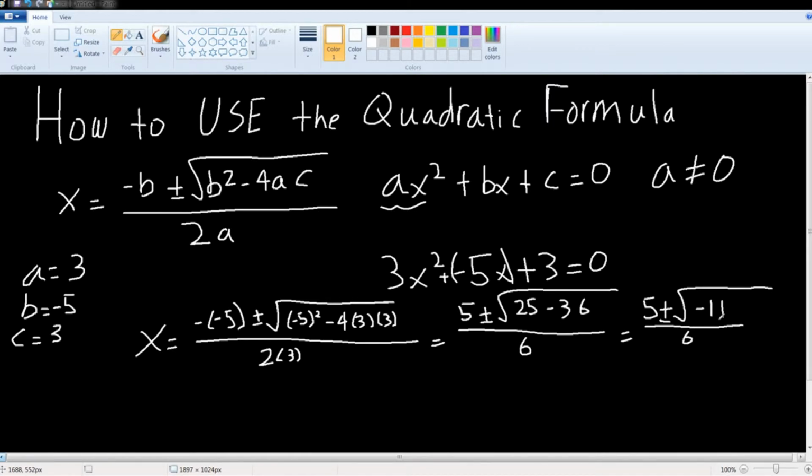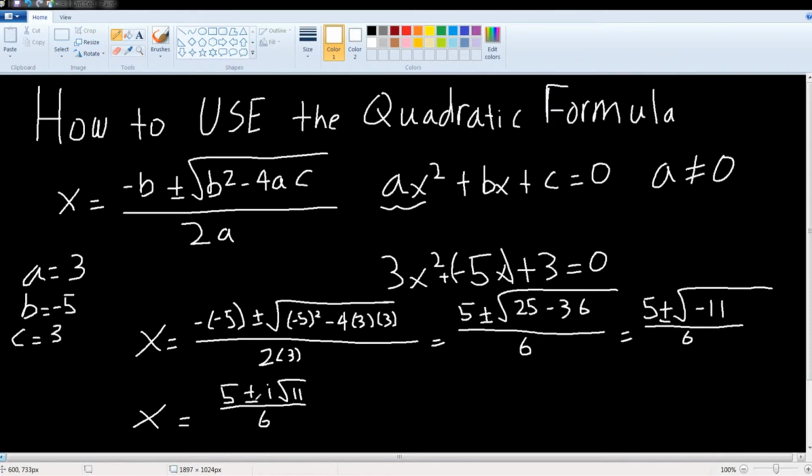So since there's a negative in the negative 11, we must factor that out to an i. So our final answer will be 5 plus or minus i radical 11 all over 6.